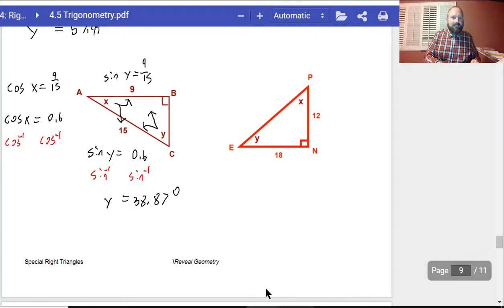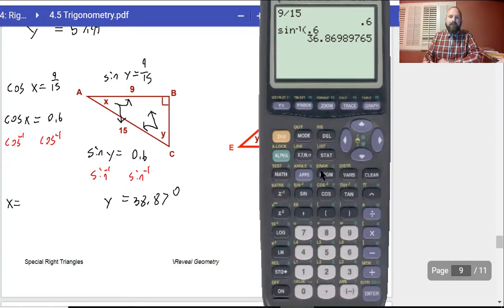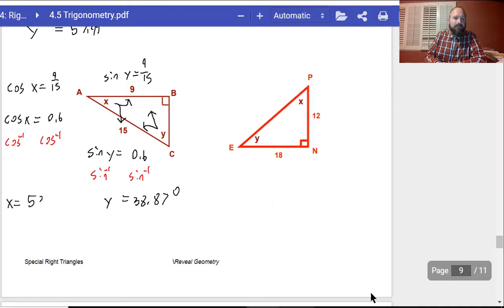And then x equals, well, I didn't do it yet, so let's do it. The inverse cosine of 0.6. And that's 53.13. But it's an angle measurement, so it's going to be degrees.